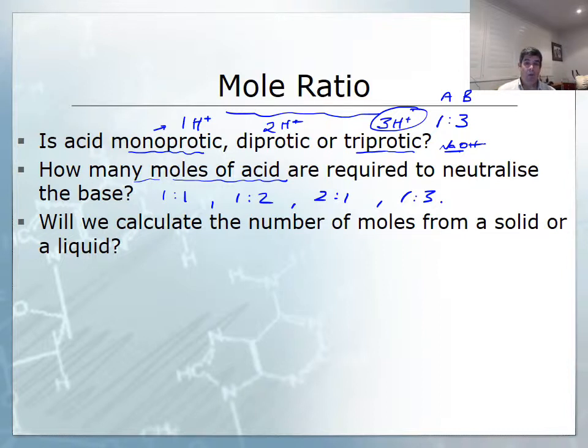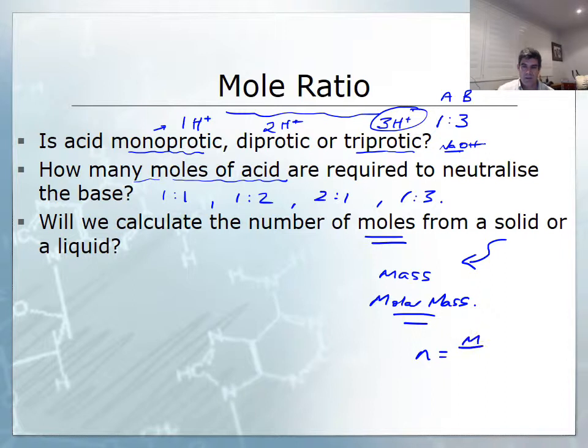Once we've got our mole ratio, we then need to look at how we're going to calculate our number of moles. Is the number of moles going to come from a solid, in which case we will have mass, and we'll need to know molar mass. So there may be acids that we should already know the formula for, and therefore we can calculate the molar mass, and then we'll just do number of moles is equal to mass over molar mass. Or is it going to be a liquid?